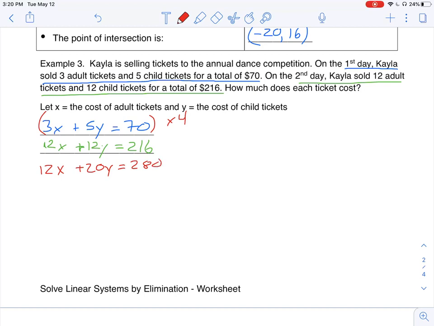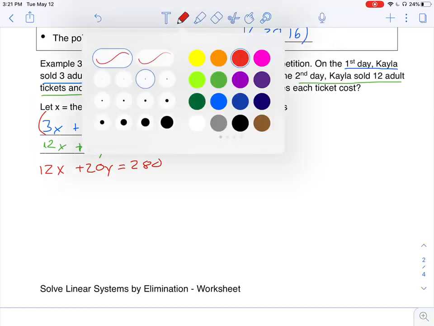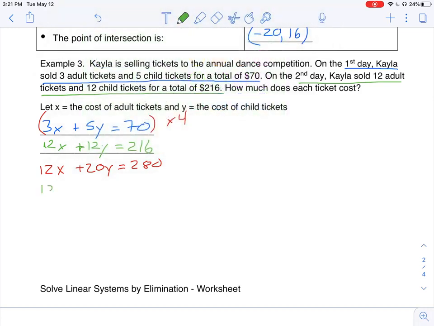So with my third equation, I am then going to subtract from it this equation. The other one I have, I'm going to write that in green just to be consistent. 12x plus 12y equals 216. So when I go ahead and try to eliminate my x, I know I need to subtract because they're both positive coefficients.